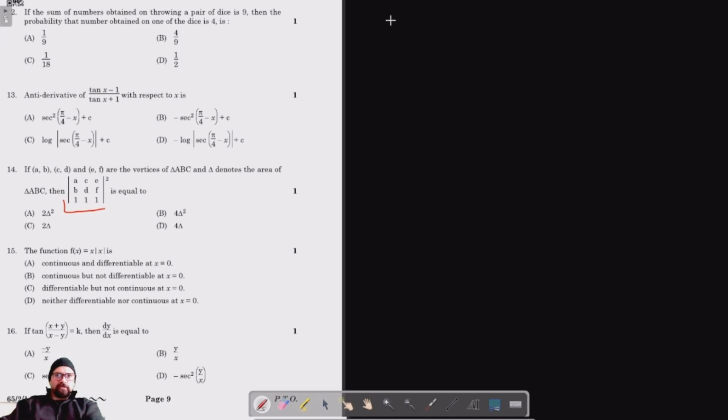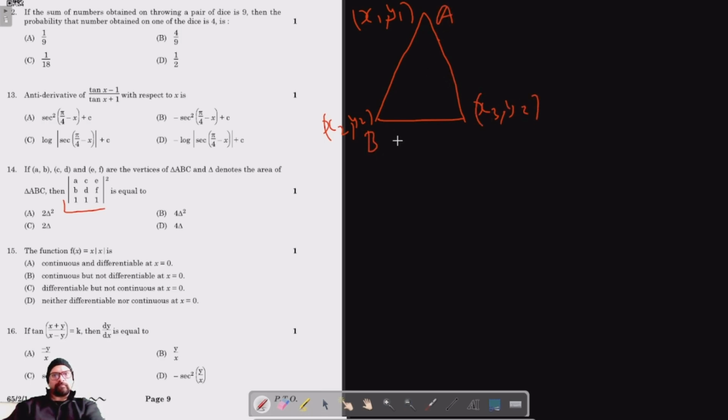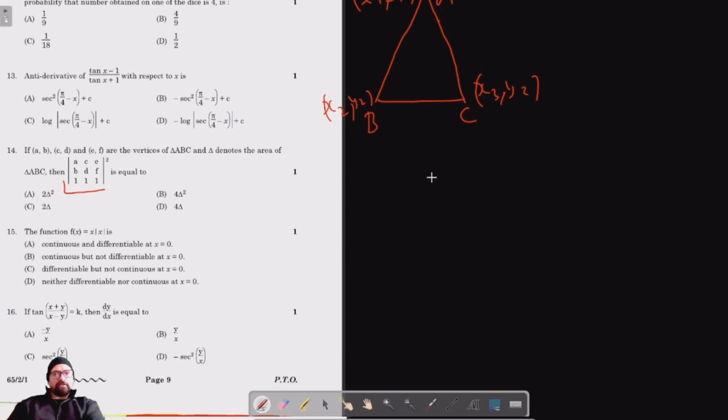Now, we know that if a triangle has vertices x1, y1, x2, y2, and x3, y3, then the area of the triangle is equal to half of the determinant with rows x1, x2, x3, y1, y2, y3, and 1, 1, and 1.